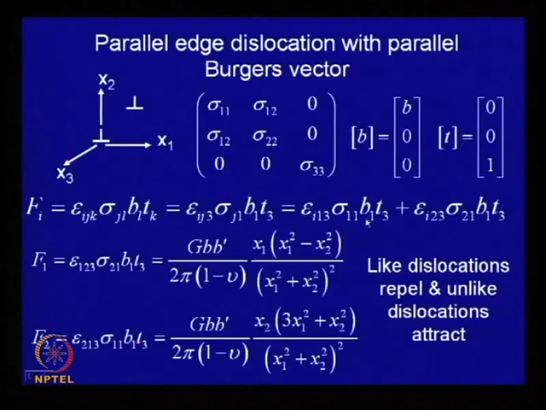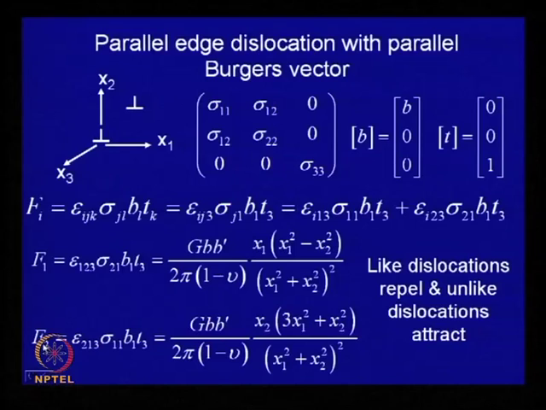So, this part becomes 0, but here epsilon I 1 2 3 is equal to 1. So, therefore, F 1 will be equal to epsilon 1 2 3 sigma 2 1 B 1 T 3, and you look at that value of the stress field and substitute here, you get the force F 1. So, F 1 is the force acting along this direction, this is non-zero.